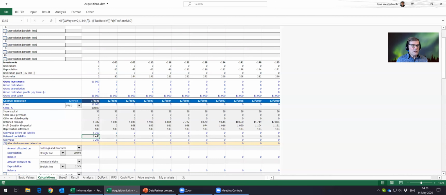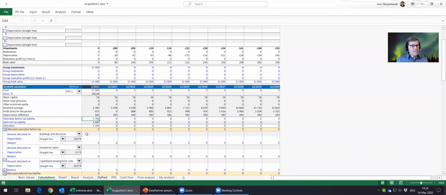And when it comes to IFRS, the investors also want to know, what are we paying for? Why do we pay that much too much? So we have to explain ourselves. Maybe, like I already selected here, the building's market value is higher than the book value in this company's balance sheet.